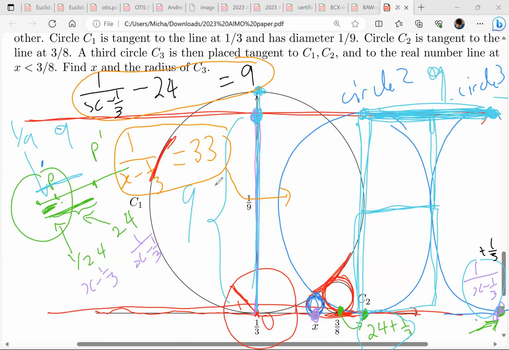Okay, so look at this. If you reciprocate it, right? So 1 over 33 is equal to x minus a third, right? So x equals 1 on 33 plus a third. What is 1 on 33 plus a third?